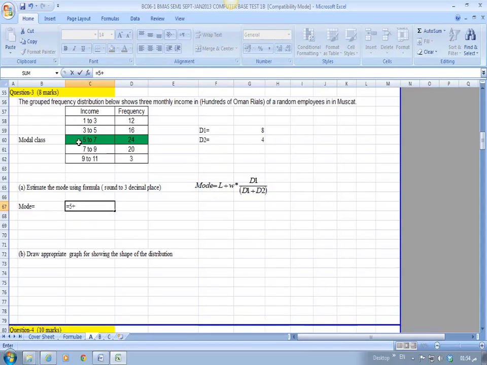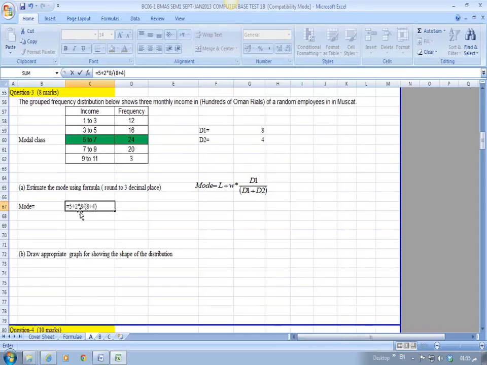So the difference between 7 and 5 is the width, so it is 2, multiplied by D1. D1 is the difference between 24 and 16. It is 8, so here 8, then divide by bracket D1 8 and D2 is 4, because 24 minus 20 is 4, so plus 4.